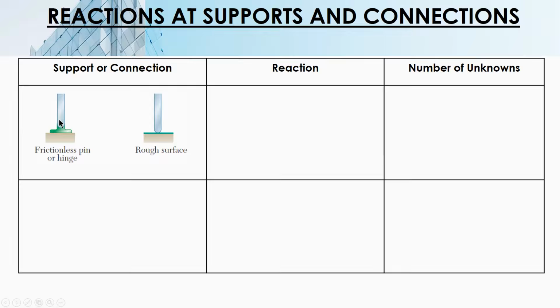If you pull it upward, it resists. If you pull downward, it resists also. So, there is a reaction in the vertical, or simply perpendicular to the surface. Same also with rough surface. Okay. There's resistance on both the horizontal and the vertical.